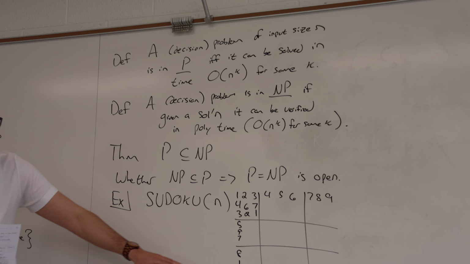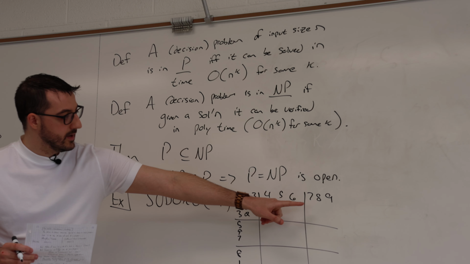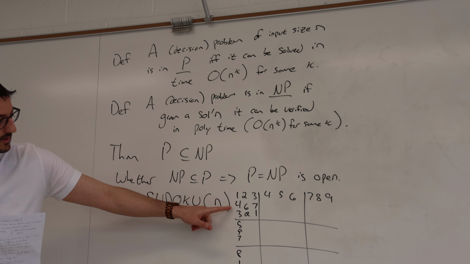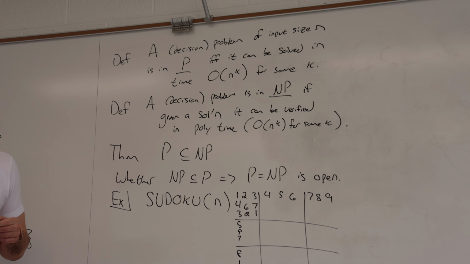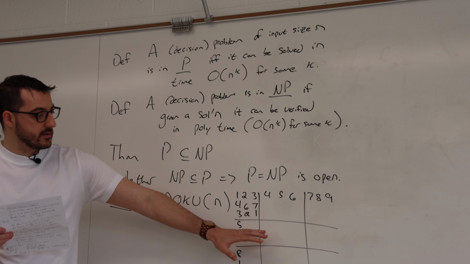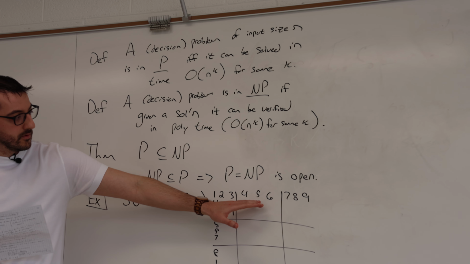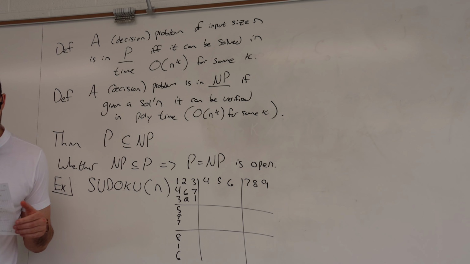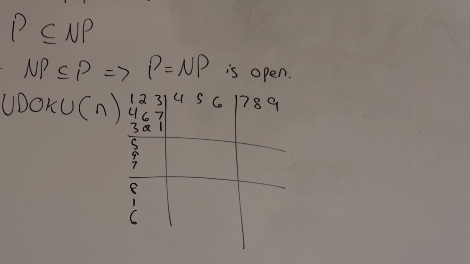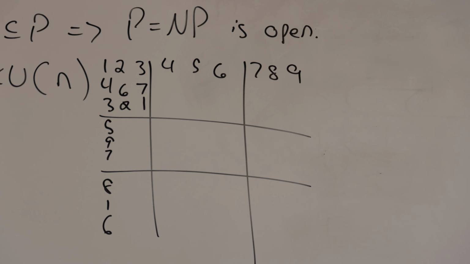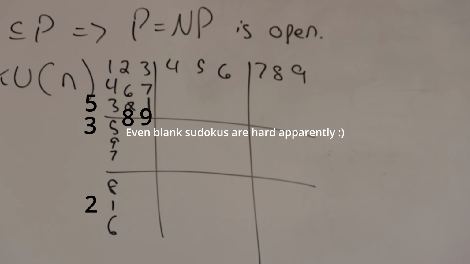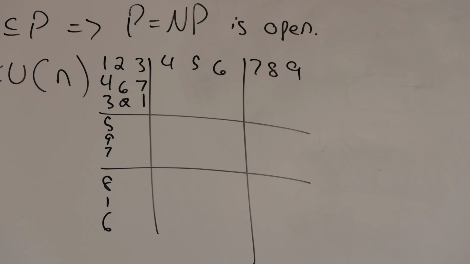Okay, so as long as I did this right, this row has the numbers 1 through 9, this column has the numbers 1 through 9, and then this square has the numbers 1 through 9. So given a board that starts something like this, your task is to go through each square and fill out a number such that these conditions are satisfied. Every row, every column, and every square contains exactly once the digits 1 through 9.